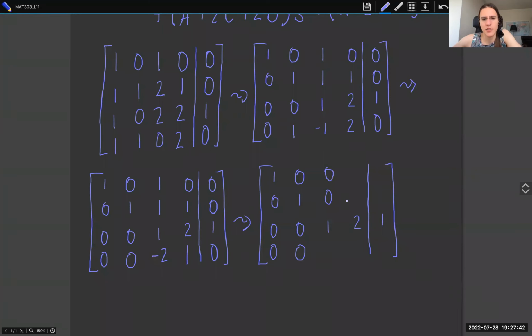Then I'm going to subtract 2 from here, and subtract 2 from here. Then I'm going to subtract 1 from here, and subtract 1 from here. Then I'm going to add 2 here, and then add 4 here, and then add 2 here.